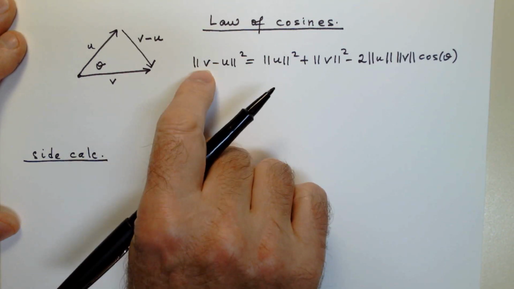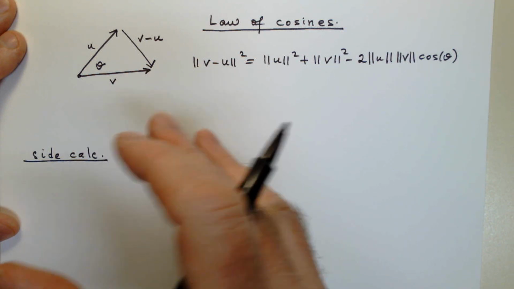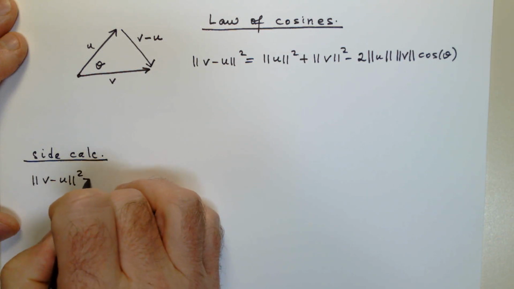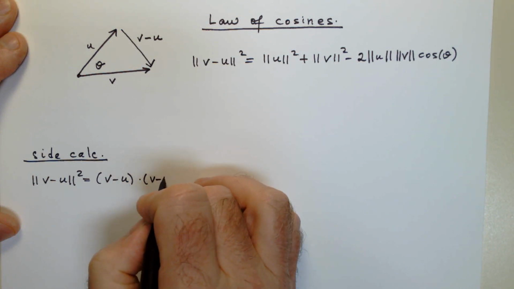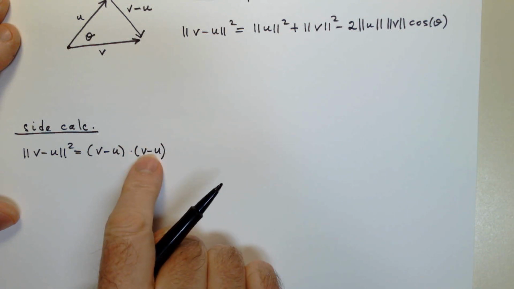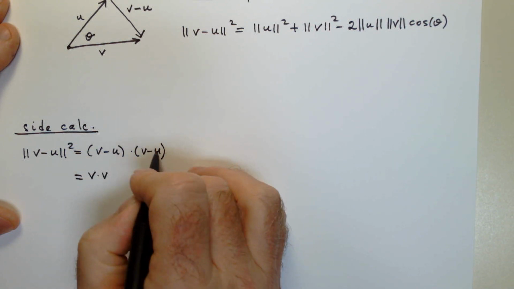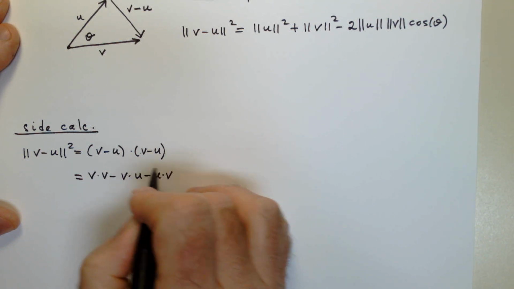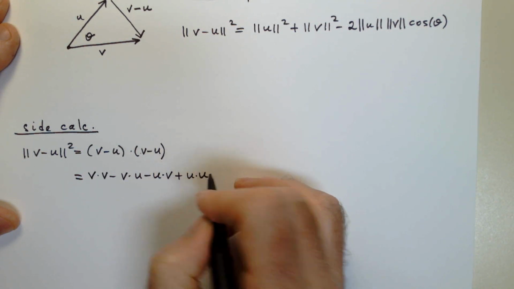Anytime we see the length of a vector squared, we can always reinterpret that as a dot product. So we can think of the length of v minus u squared as v minus u dotted with v minus u. It's a very helpful idea. Now we can use our distributive laws to work this out as v dot v minus v dot u minus u dot v plus u dot u.